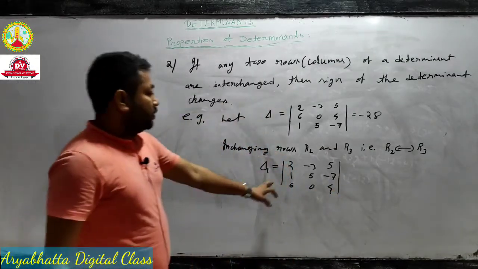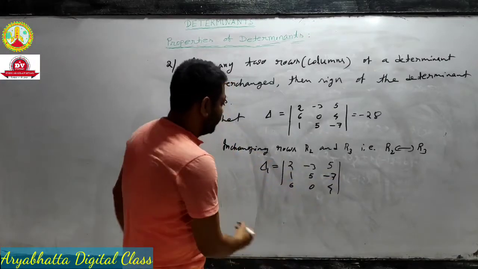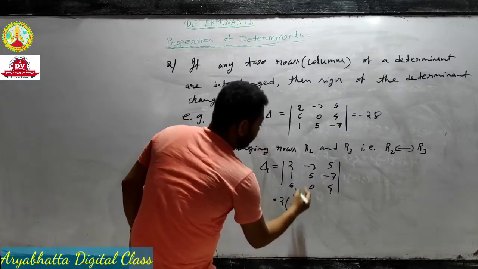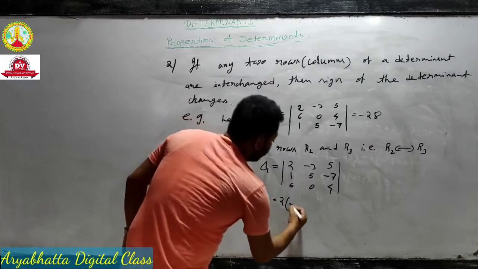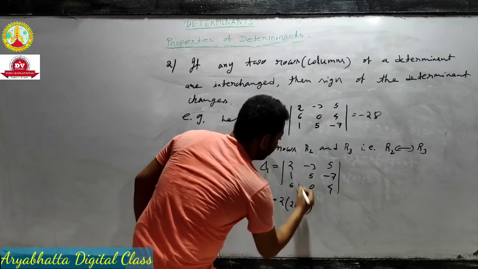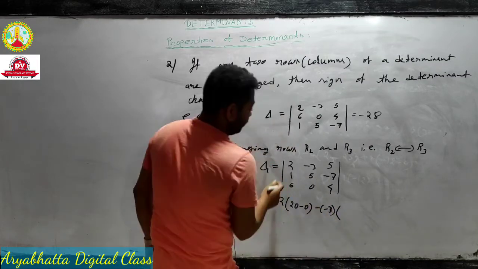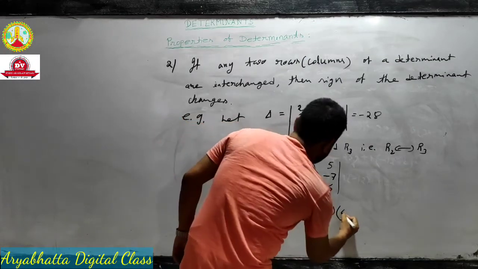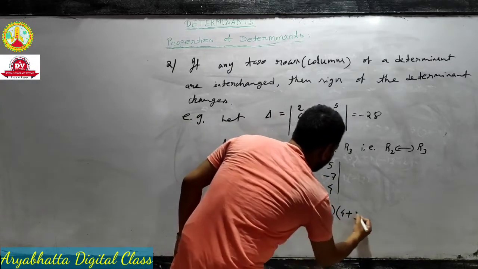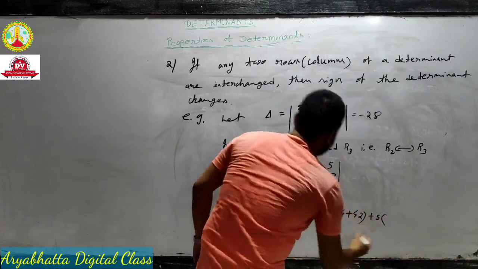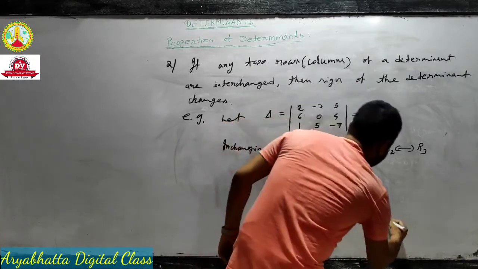Expanding along the first row, we have 2 into (20 minus 0), minus 3 into (4 plus 42), plus 5 into (0 minus 30).